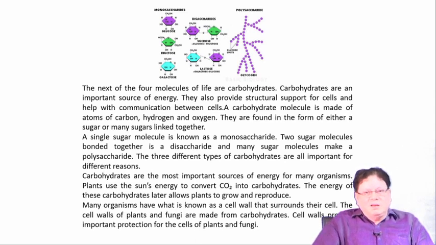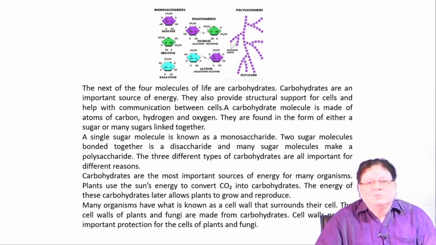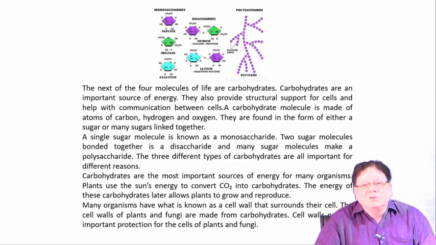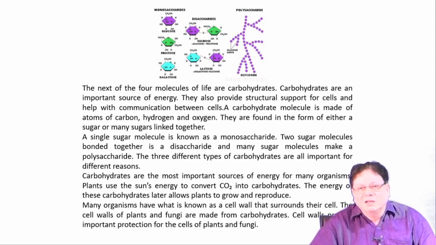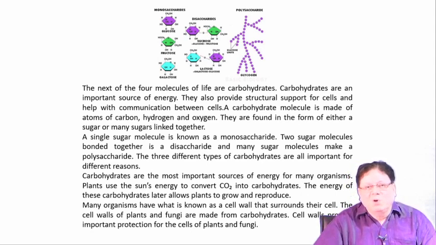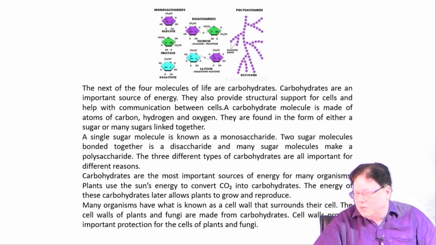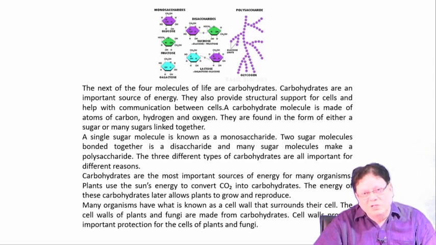So plants actually make the carbohydrates for us, and then we eat the plants and get the starch from it. And the cell wall, as I said, is also important. The carbohydrates play a very dominant role. So carbohydrates have many important roles in the living system.